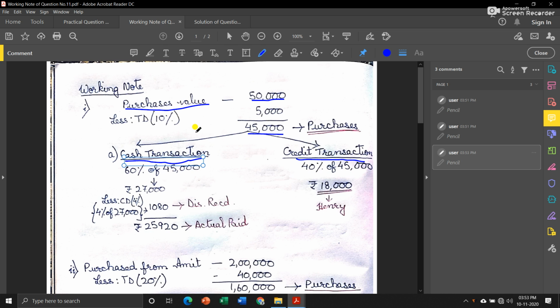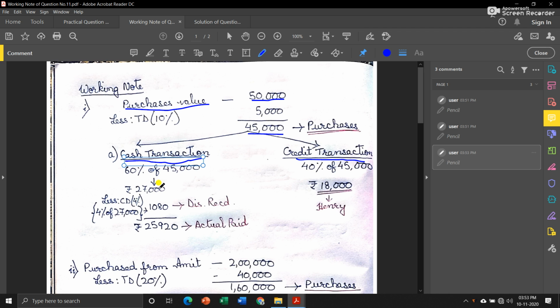That means 60% of the purchases will be the cash transaction. So we divide into cash transaction and credit transaction: 60% of 45,000 is 27,000. Automatically the remaining 40% becomes the credit transaction, that is 18,000.